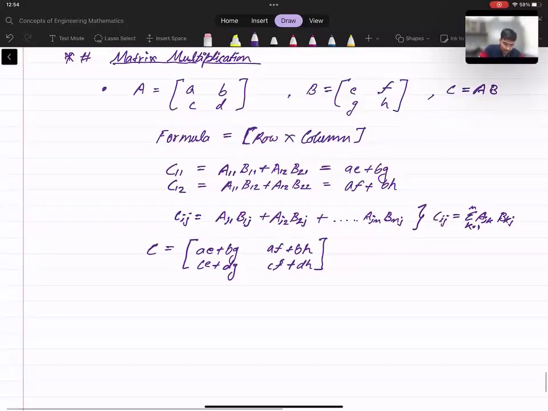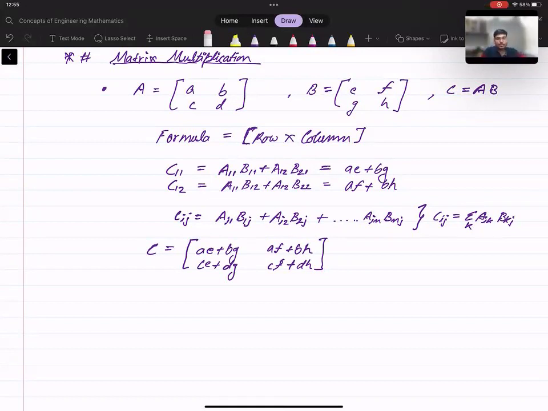So in this way, the matrix multiplication is done. Let us not write this as 1 to n because multiplication is not necessarily done for square matrices. So this is the general way of multiplying.